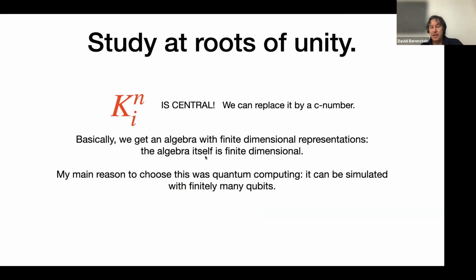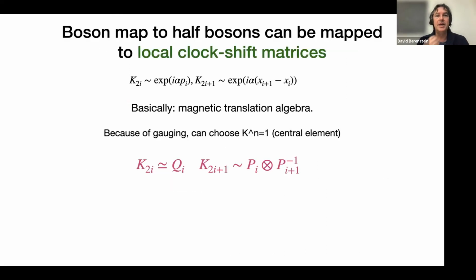And if you have finite dimensional representations of the algebra, that's where I put my Hilbert space, and now I can have a finite number of qubits to realize it. So again, this was a choice for a reason I wanted: roots of unity are nice, but here there was a very precise reason, which was I wanted to do quantum computers. But this is interesting in its own right. It's just an excuse to do this.